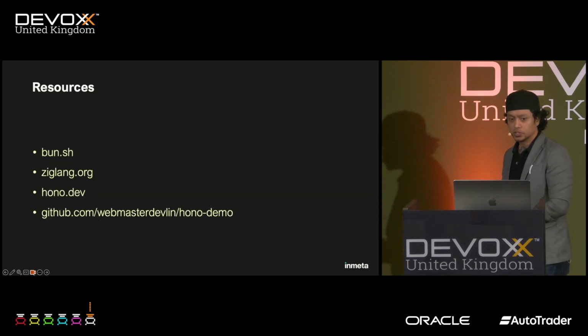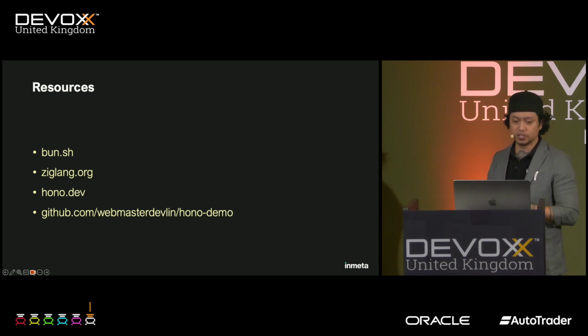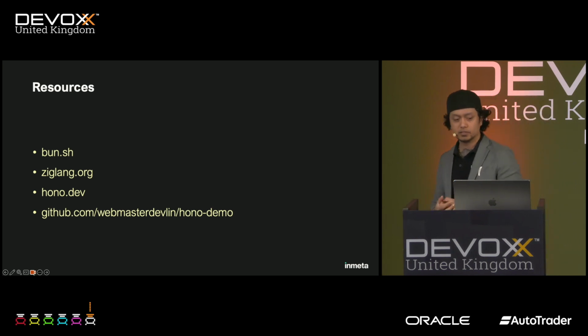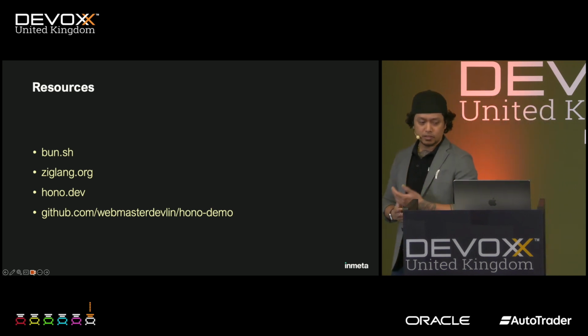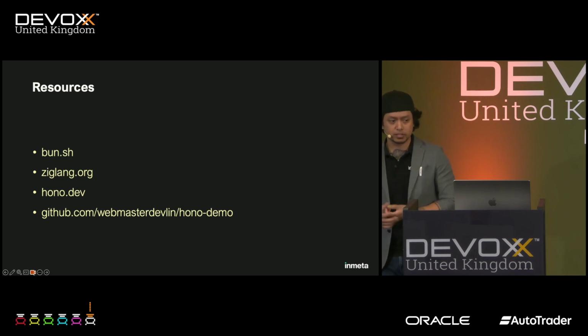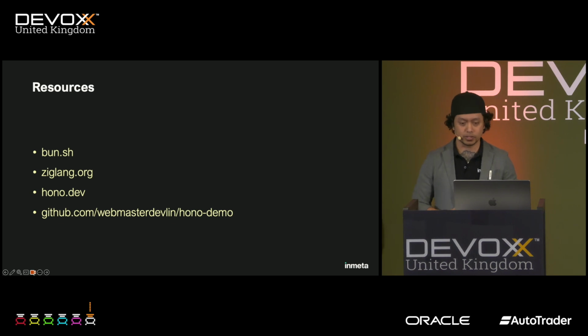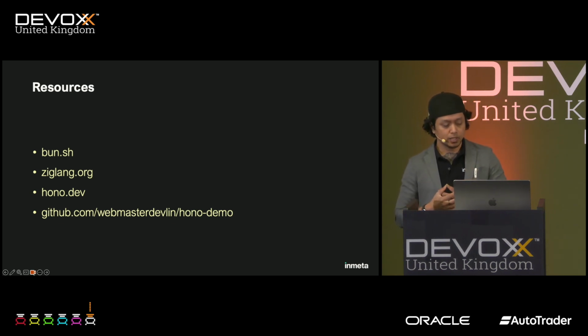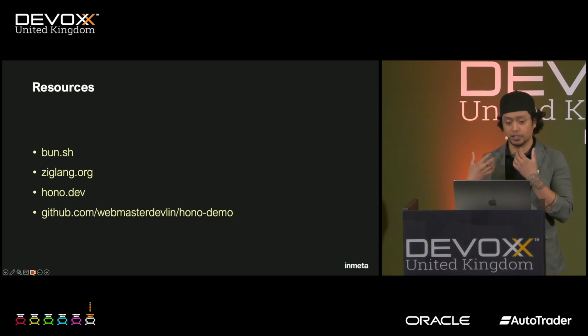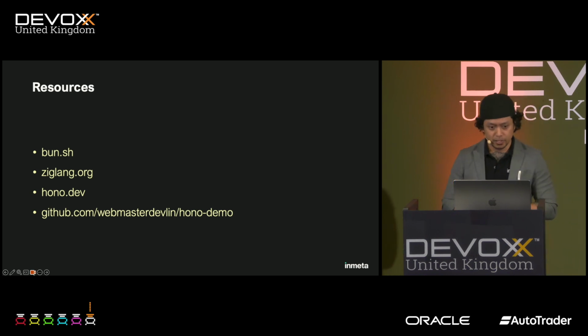Resources: you can go to bun.sh for their documentation, ziglang.org if you want to know more about Zig, which is as fast as Rust but more readable. That's how the author described his experience in Zig.